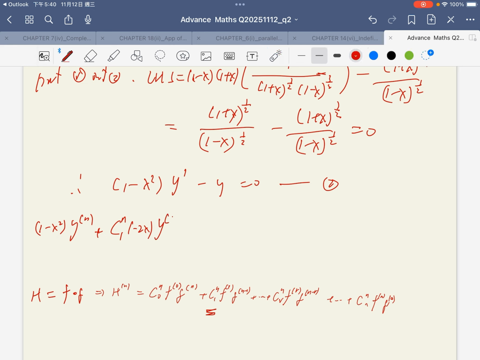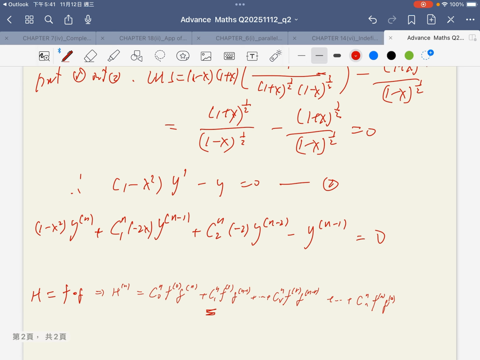That's y differentiated n minus 1 times. The next part is nC2, negative 2, y differentiated n minus 2 times. Then it is all finished because the next, nC3, is 0. No longer terms here. Then for the negative y, we differentiate n minus 1 times. Then we have this one.